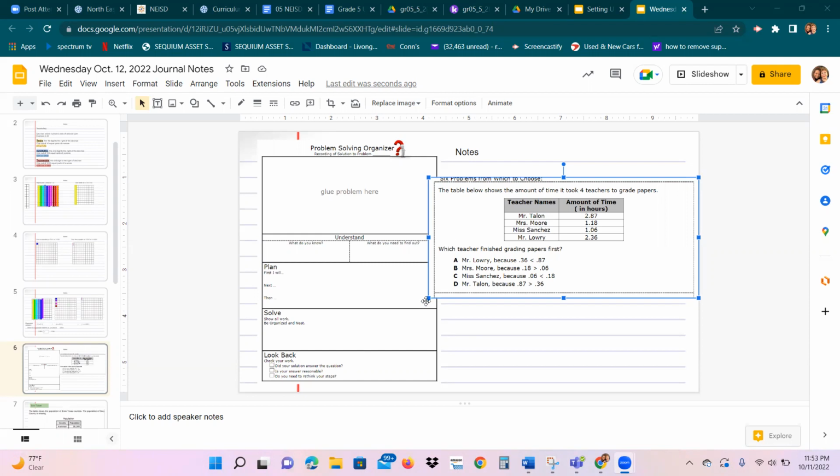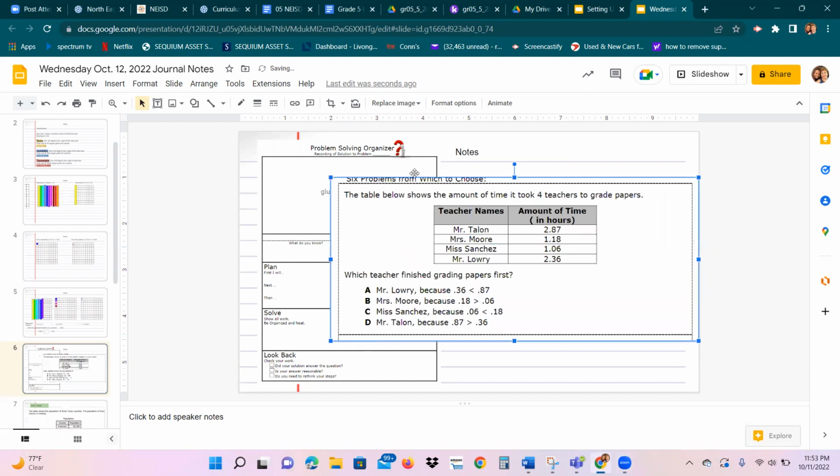I'm going to just enlarge this one because you're going to do this one together as a group. This table here shows the amount of time it took 4 teachers to grade papers. So look at the hours. Which teacher finished grading papers first?